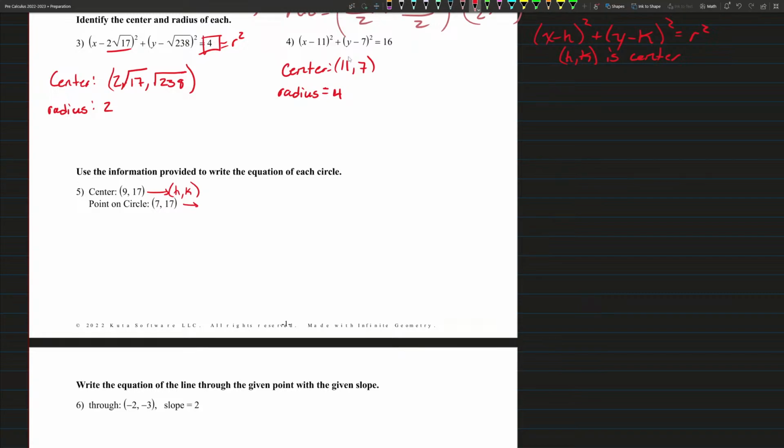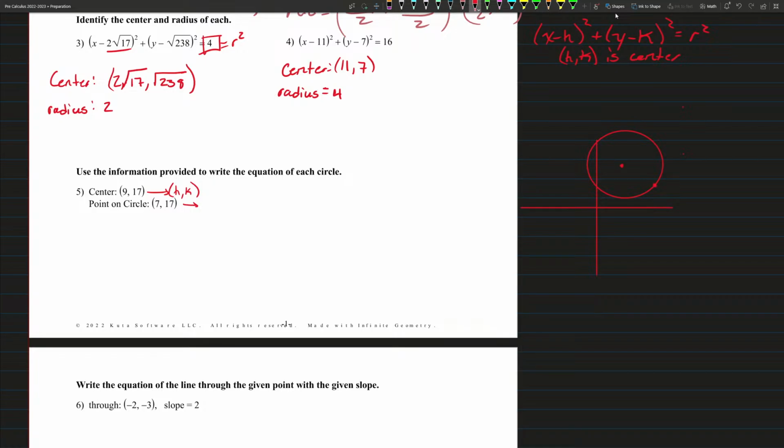7, 17, okay? So if we think about a circle, I'll draw it real quick. Okay, if this is 9, 17, this isn't exact. We have another point, 7, 17.